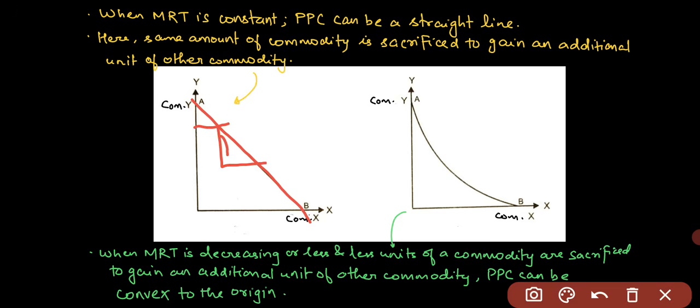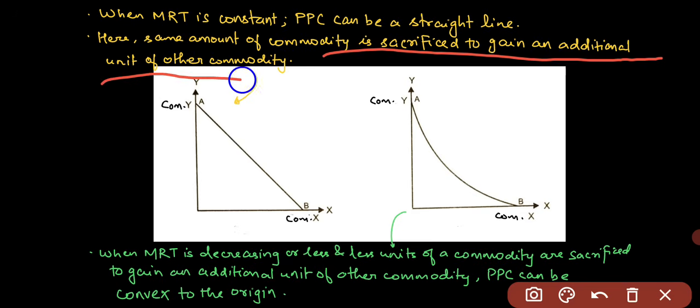So, in this case, when marginal rate of transformation is constant, the production possibility curve can be a straight line. Here, the same amount of commodity is sacrificed to gain an additional unit of the other commodity. We are not going to sacrifice more and more units of a commodity to gain an additional unit of the other. We sacrifice the same amount of Y to gain the same amount of X. Here, the production possibility curve becomes a straight line.